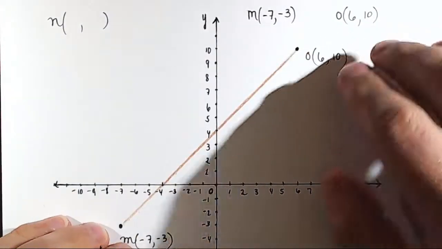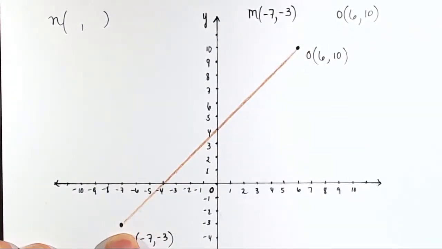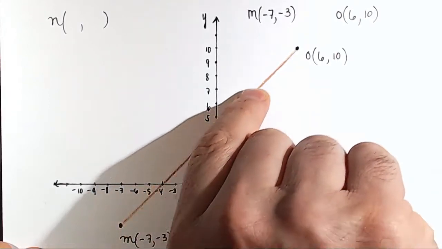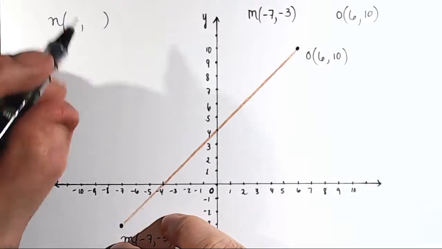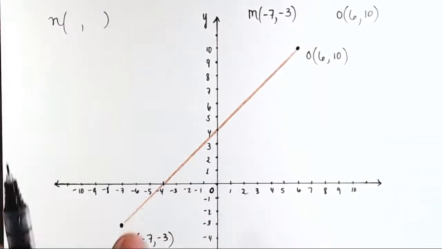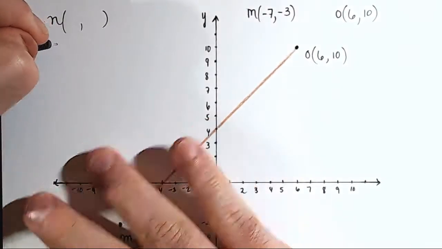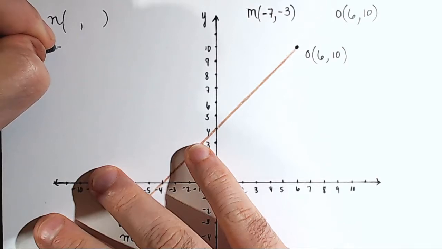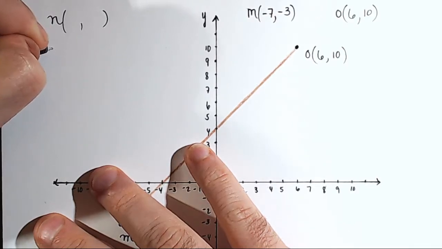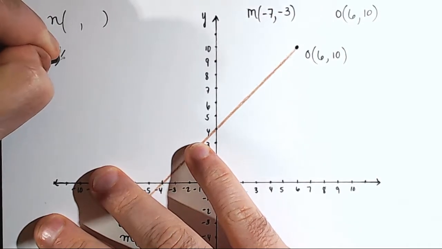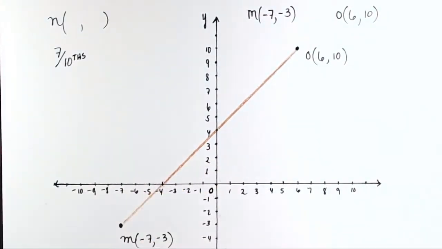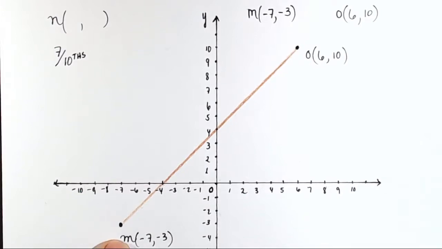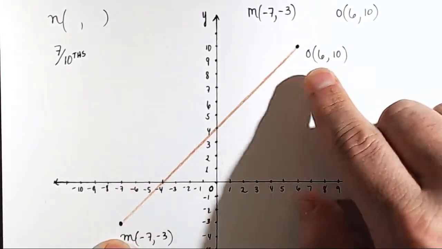So direction is important. We're going to start at point M, and we'll walk along this path some fractional distance to point N. Well, how far do we want it to be? So from point M, let's say we want to be 7/10 of the distance. Okay, I want to be 7/10 from point M to point O.